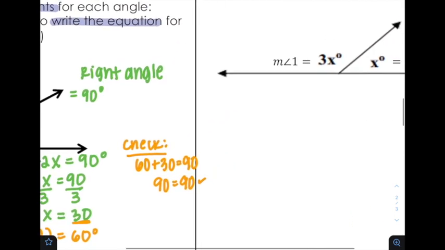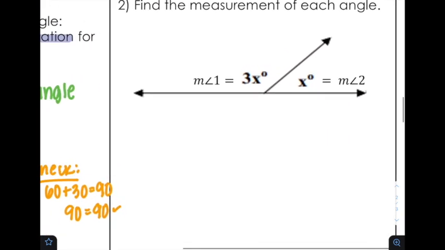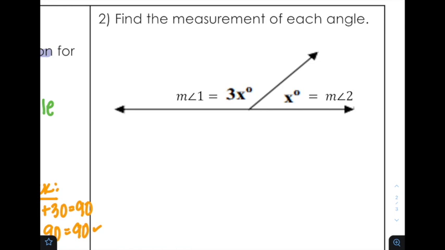Moving on to number 2. You have to find the measurement of each angle. So we're given 3x and x. I know this angle relationship is forming a straight line, so that means it is equal to 180. They're supplementary angles.